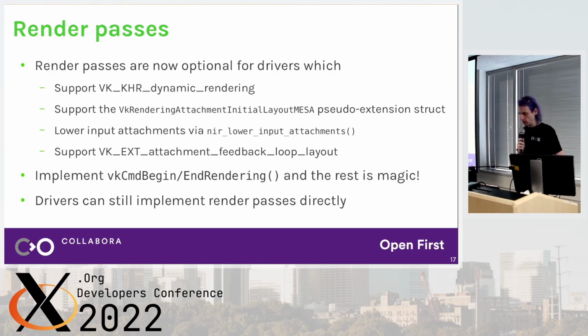So the next big one that is really useful for drivers is render passes. In the tiler space, render passes potentially provide some benefit because you can combine things together. You can potentially reorder some things. You can do tile merging.